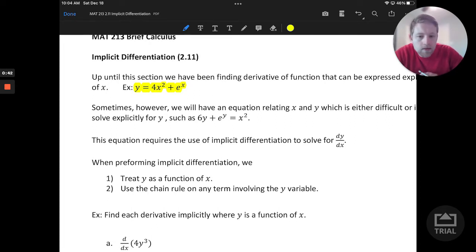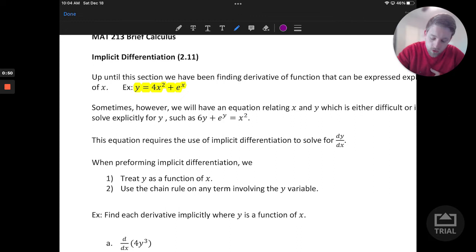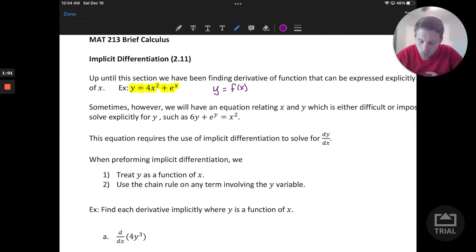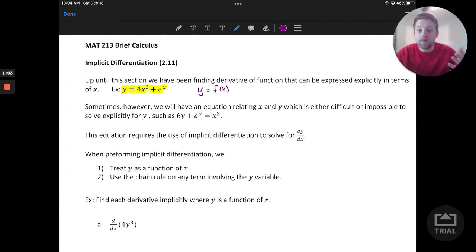Many times there are going to be cases where we have functions that cannot be expressed explicitly as a function of x, meaning y, some output, is some function of only a single variable x. Sometimes that's really tough for us to do, or it just can't happen at all, where x and y are intertwined in a way that we can't express them separately.